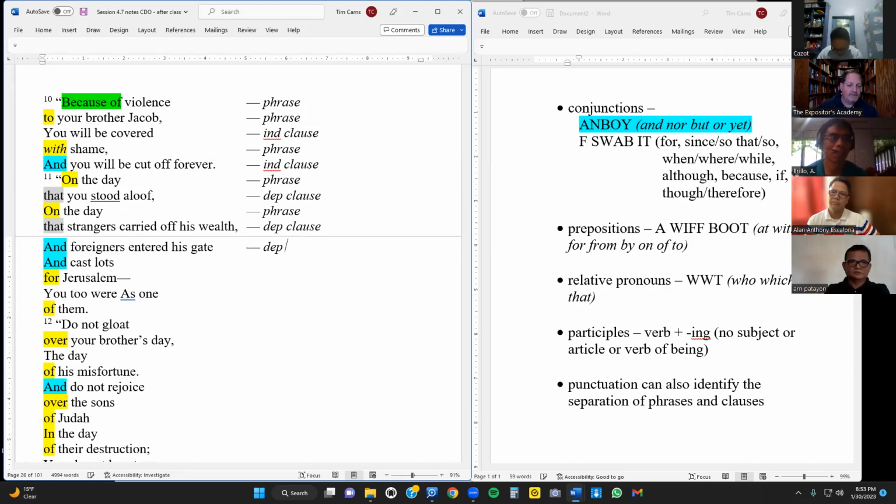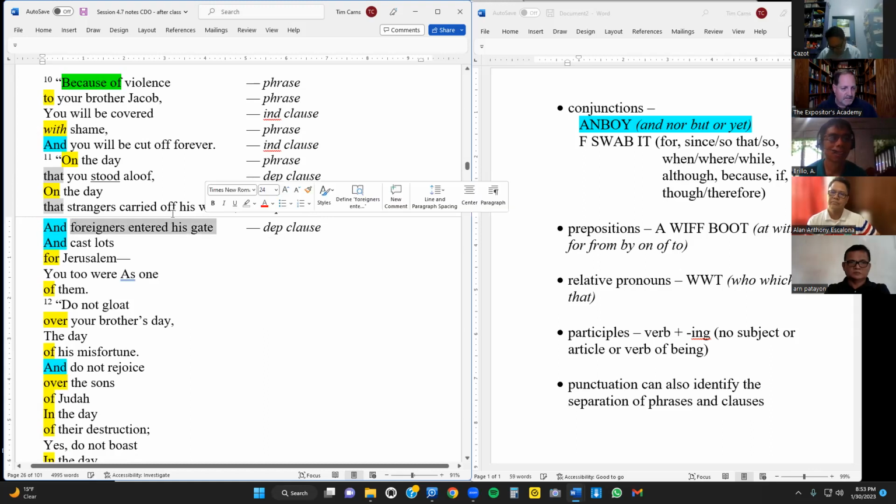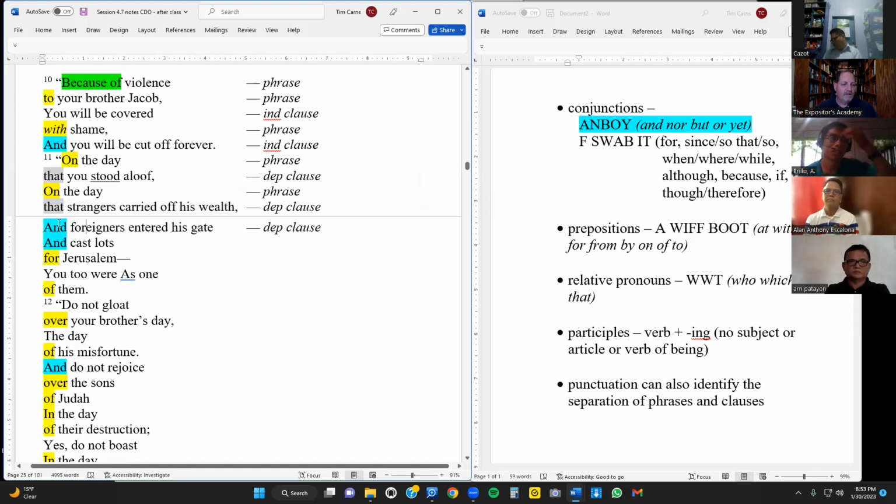How do you know it's dependent? There is the conjunction and. Very good. So it's connecting this clause to this clause. And because this clause is dependent, therefore this clause must also be dependent. Very good observation.